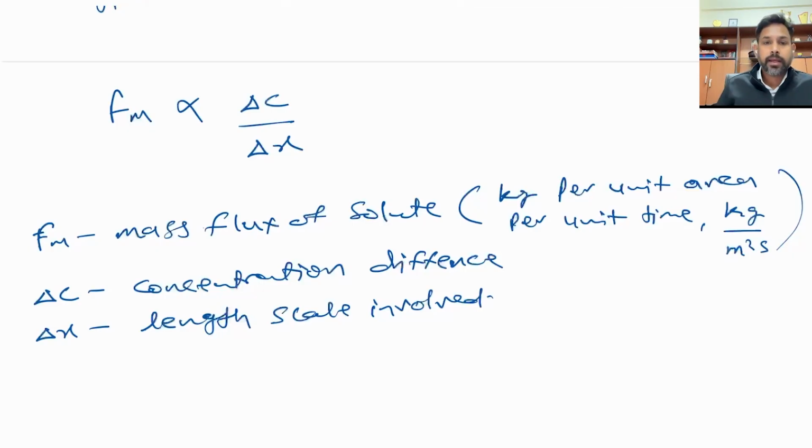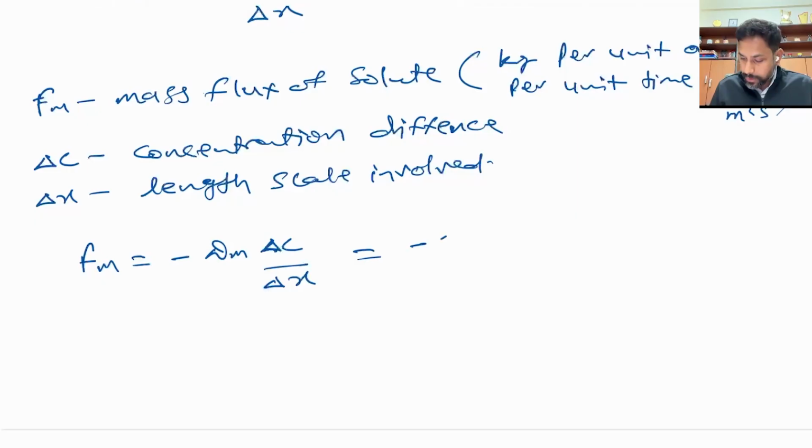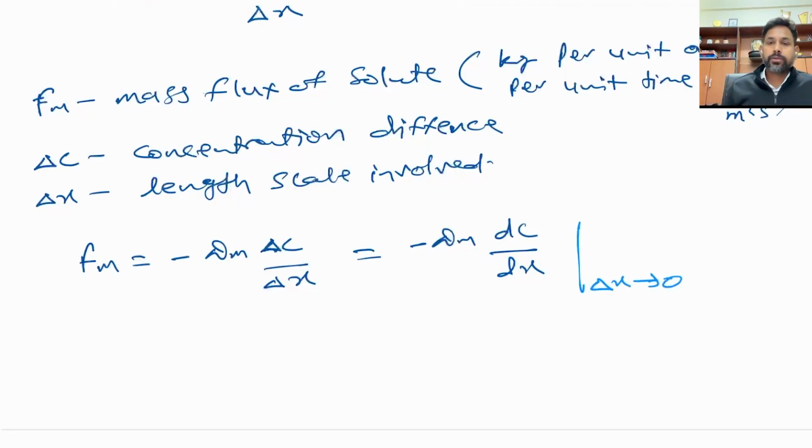Okay, so this is the mass flux of solute. Now if you want to get rid of this sign of proportionality, it is defined as Fm equals minus Dm delta C by delta X, or it can also be written as dC by dX depending on what your length scale is. So this one is particularly valid when delta X tends to 0. In that case we can write Fm equals minus Dm dC by dX.